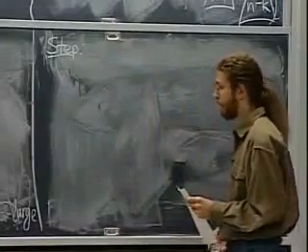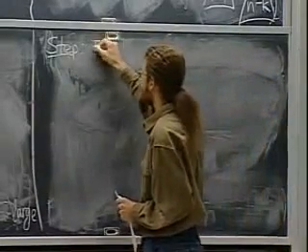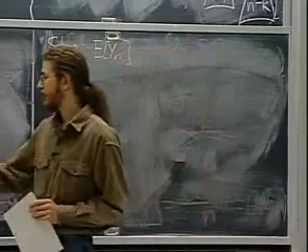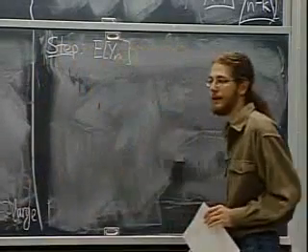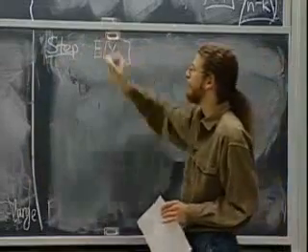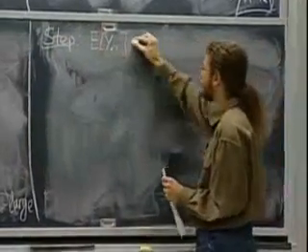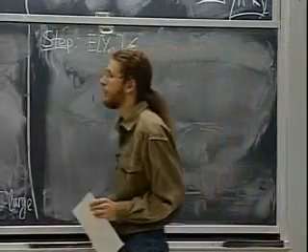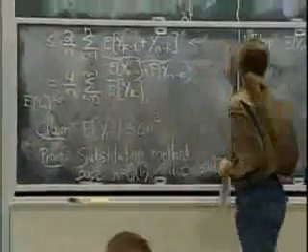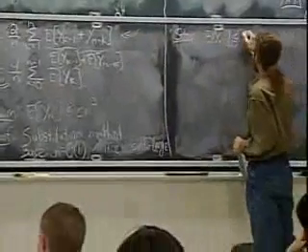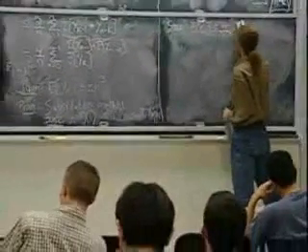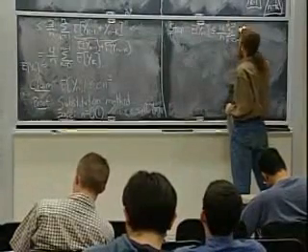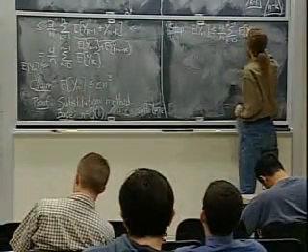Now we have the induction step. So I claim that E of Y_n is at most c n cubed, assuming that it's true for smaller n. You should write the induction hypothesis here, but I'm going to skip it because I'm running out of time. Now, we have this recurrence that E of Y_n is at most 4 over n sum k equals 0 to n minus 1 of E of Y_k.